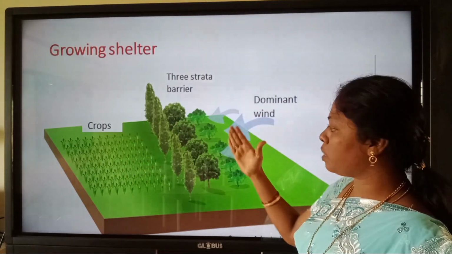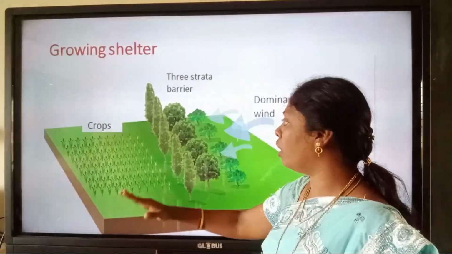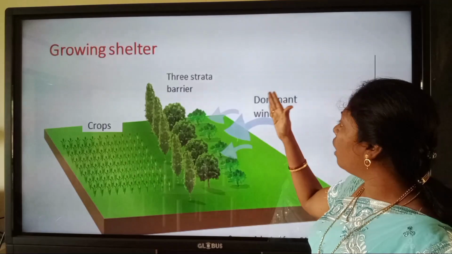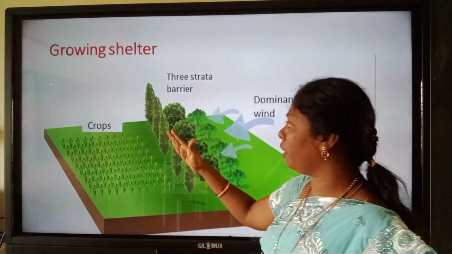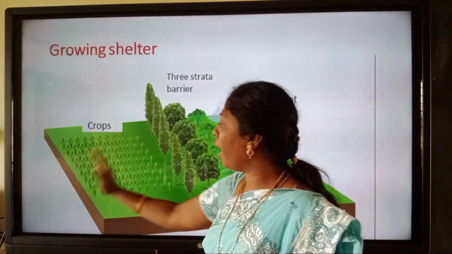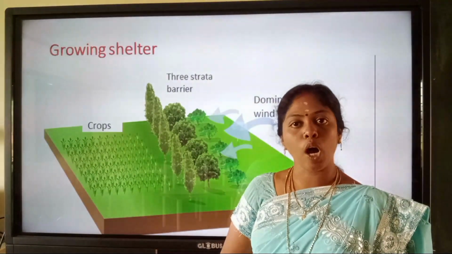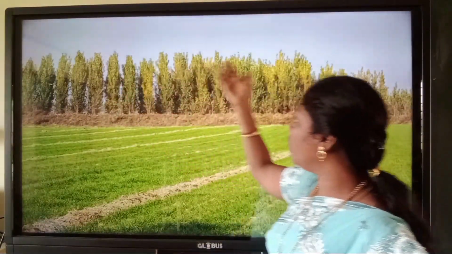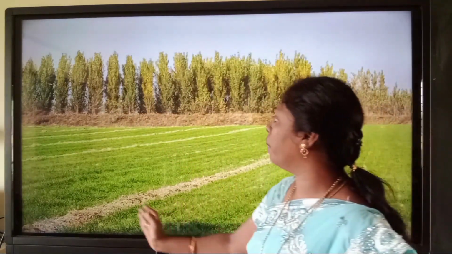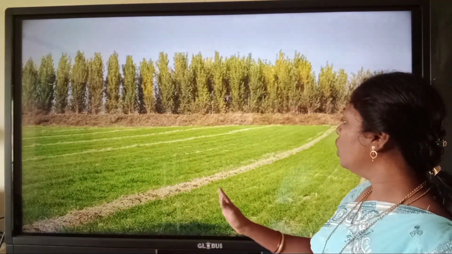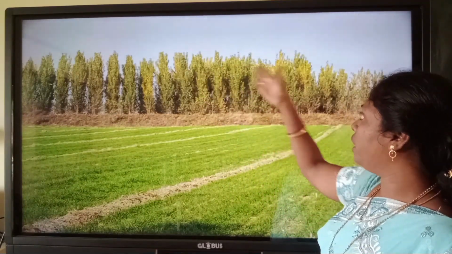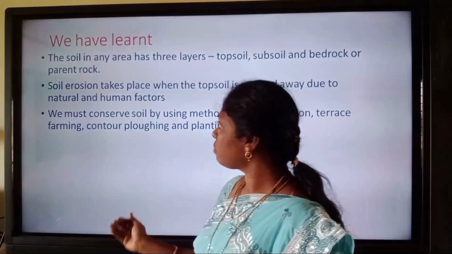So how does it prevent the washing of soil particles or blowing of wind? The speed of the wind will be reduced in this area and the soil particles will not be blown away. This is the picture you can see in the natural environment. This is a land area, and in order to prevent the blowing of soil, the trees have been grown.